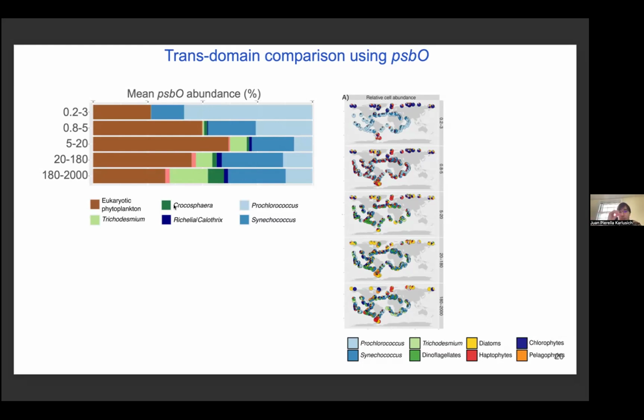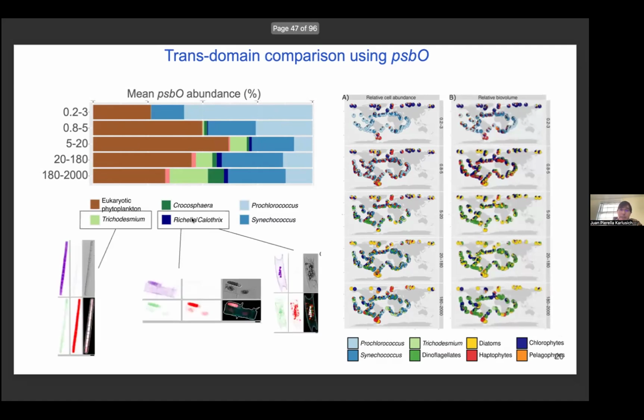In the larger size fractions, more abundant eukaryotic phytoplankton, but also some cyanobacteria that we expect to be in the larger size fractions, like Trichodesmium, which forms colonies and filaments, and symbionts like Richelia and Calothrix. But still, the quantity of Prochlorococcus and mainly Synechococcus was unexpected.